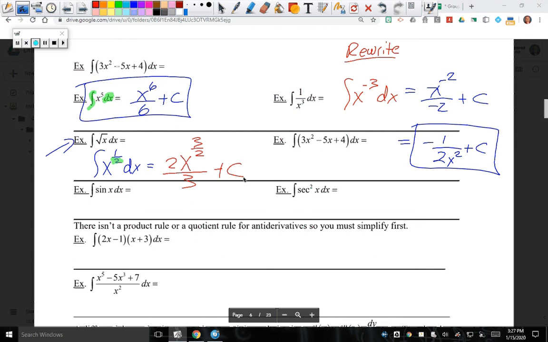Alright. Let's go to this one. Without looking, what is the antiderivative of sine? Negative cosine. Because if I derive this, I would get a positive sine. Plus c. Nicely done. What is the integral of secant squared?